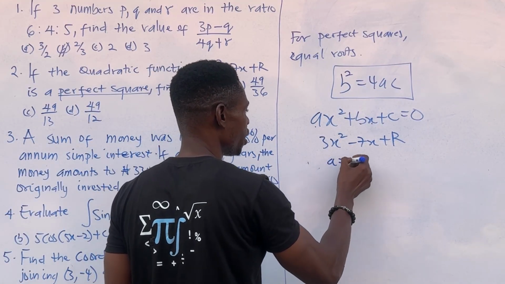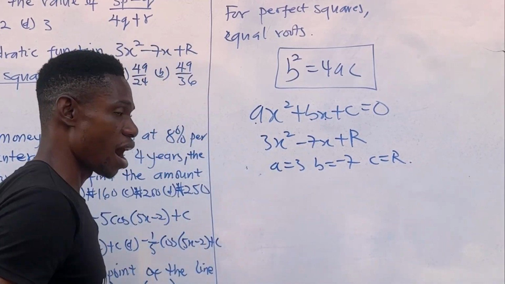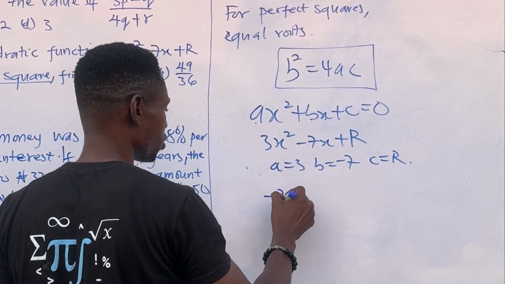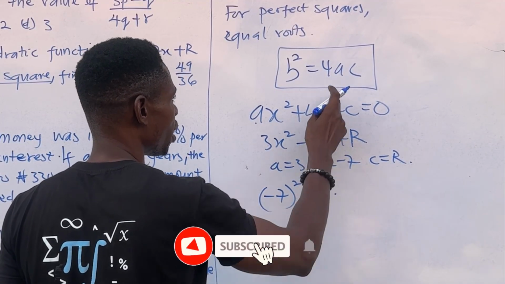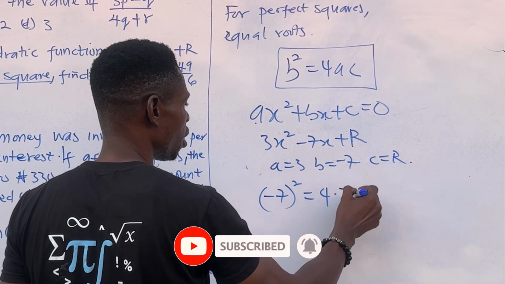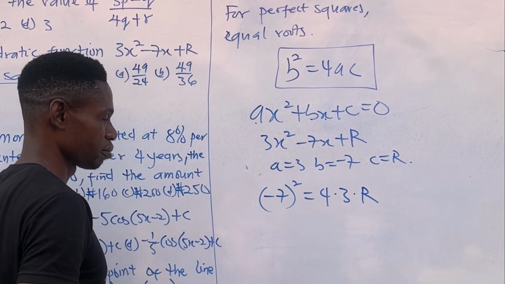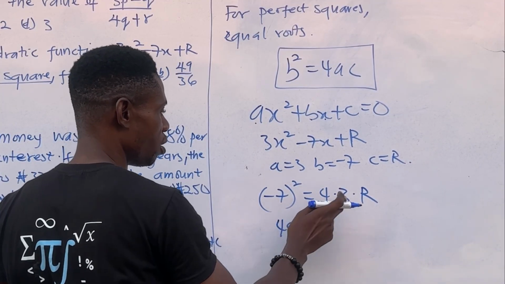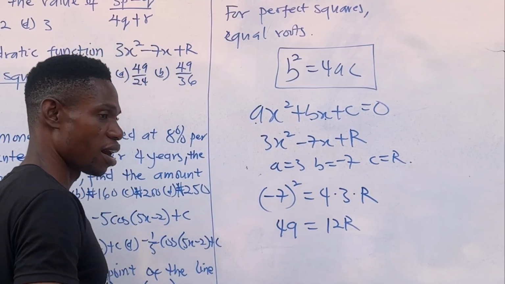Here our A is 3, our B is minus 7, and our C is R. So B squared, which is minus 7 squared, equals 4 multiplied by A, which is 3, multiplied by C, which is R. So minus 7 squared is 49, equal to 3 multiplied by 4 is 12, 12 multiplied by R, that's 12R.